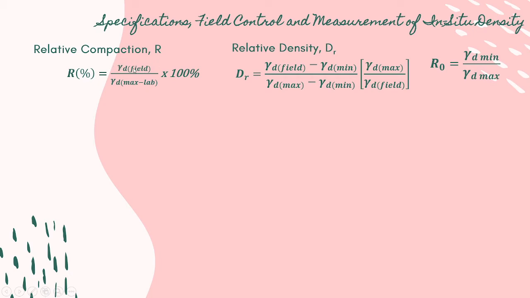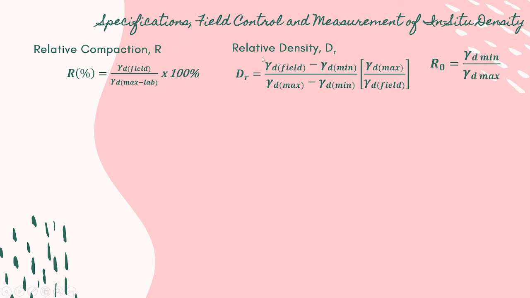So that can be the sand cone method, the rubber balloon method, or the nuclear method. However, for the denominator, which is the maximum dry unit weight, that is determined in the laboratory using the standard Proctor test or the modified Proctor test.